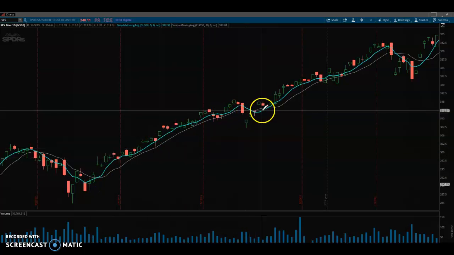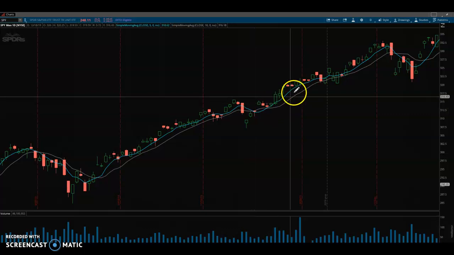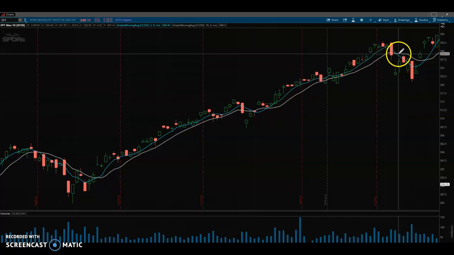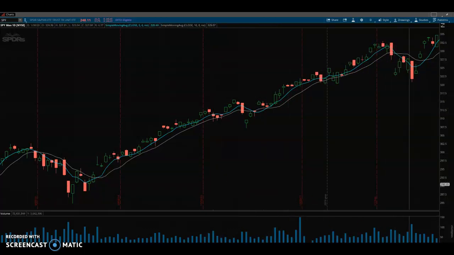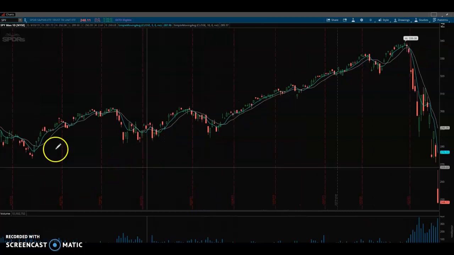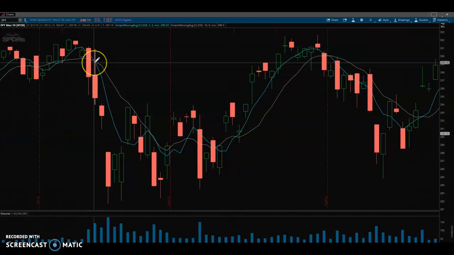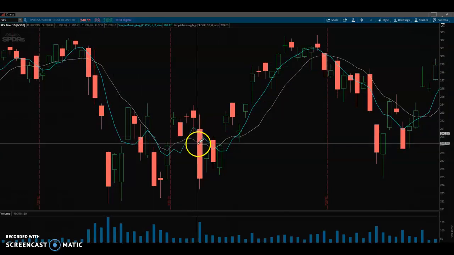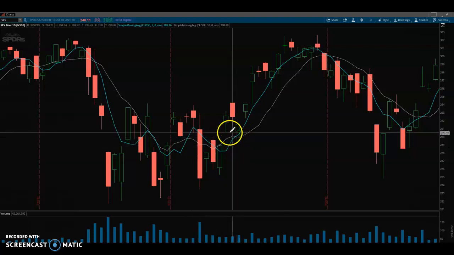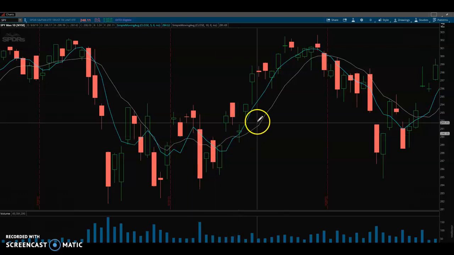When it crosses back over again, you can take it long again. Or you can even take it short or buy some puts when it breaks to the downside. You grab some puts, or short it till it breaks back over, and then you can grab some calls when the 5 crosses the 10 and ride it on up.